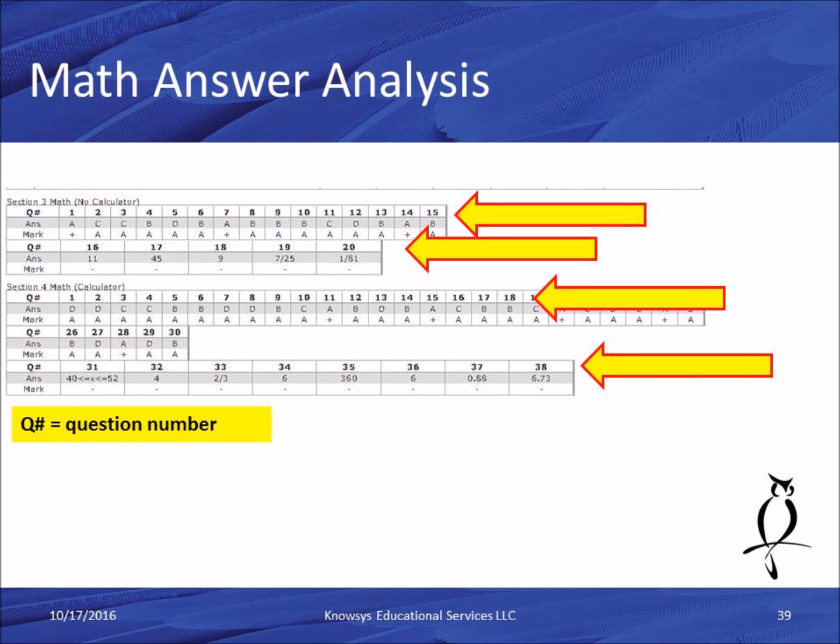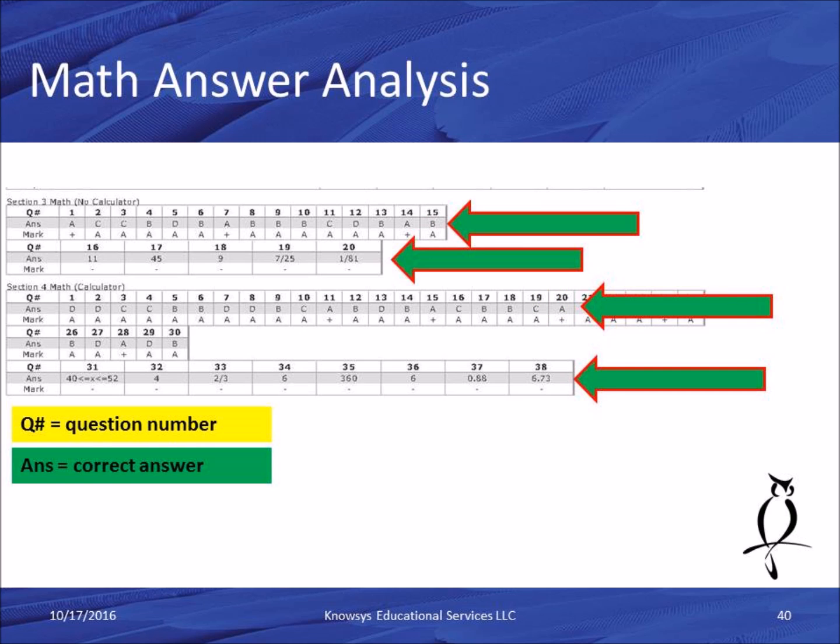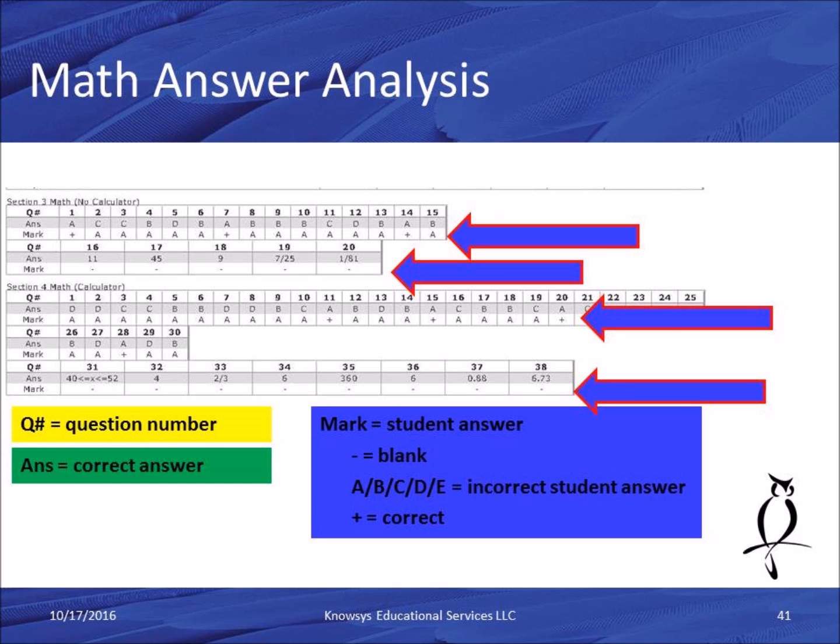Within this section on your report, you've got different rows. The first row is Q number. That represents the question number within that section. The second row is labeled ANS. That represents the correct answer for that question in that section. The third row is mark, and mark represents the student answer. If there is a dash, that means you left it blank.